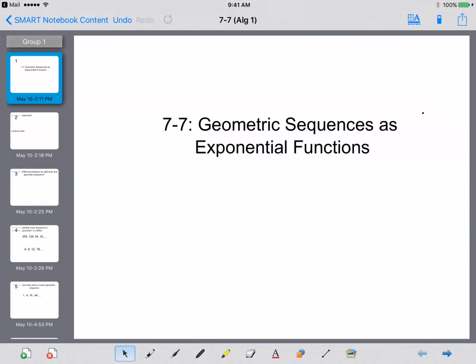Today we're going over 7-7, geometric sequences as exponential functions.